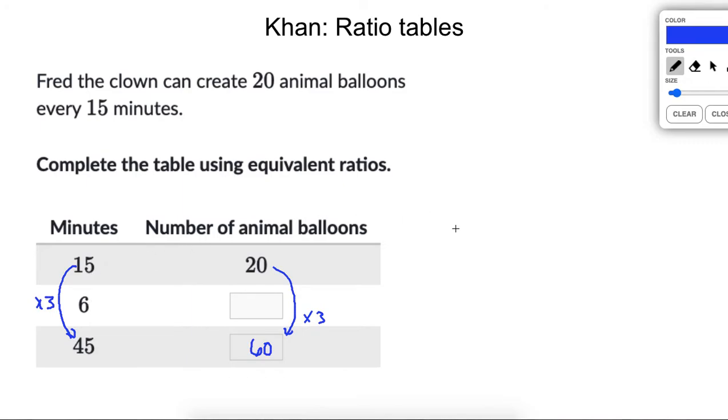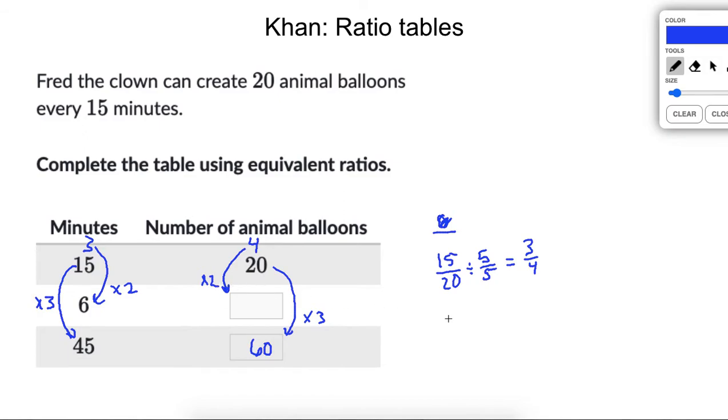So let's take that ratio we know, 15 over 20, and let's simplify that. 5 goes into both of those, so we'll divide them both by 5, and that will give us 3 to 4, and that's simplified. So 3 to 4 is a simpler ratio, and I can get 3 into 6 by just multiplying it by 2. So I have to multiply 4 by 2 also.